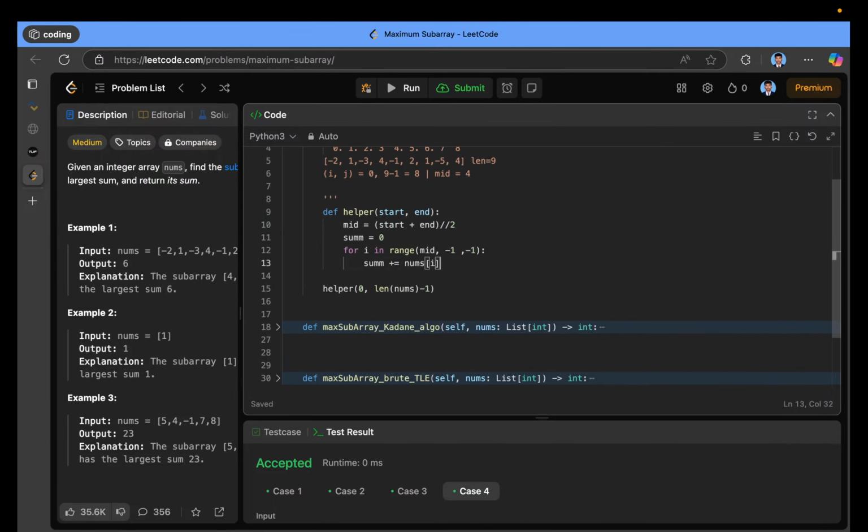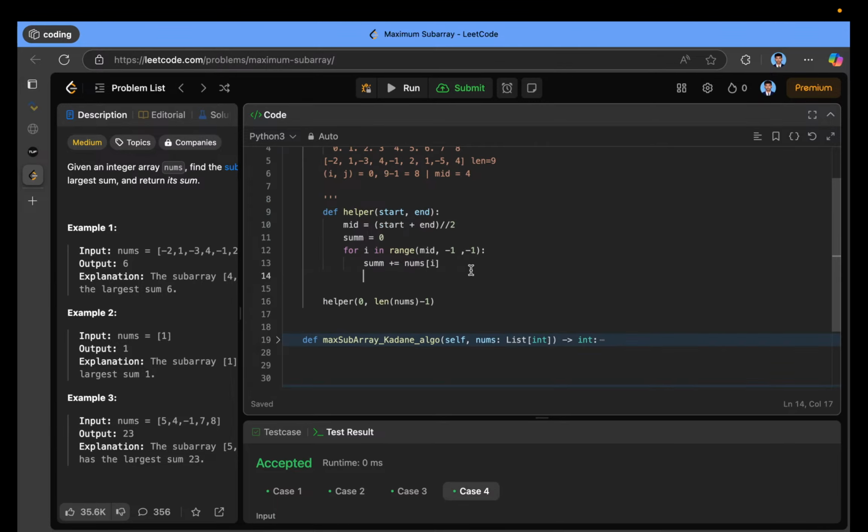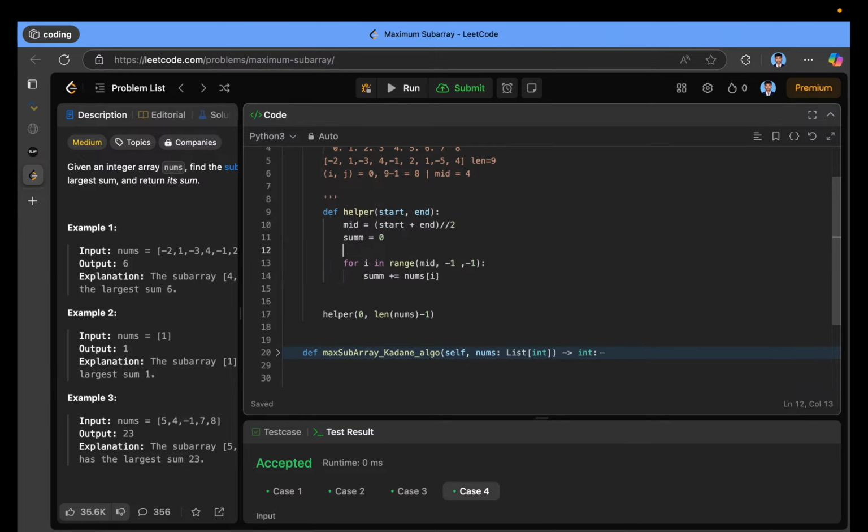Sum plus equals nums[i], and I also have to make a new variable, max left sum, equal to 0. Okay, max left sum.